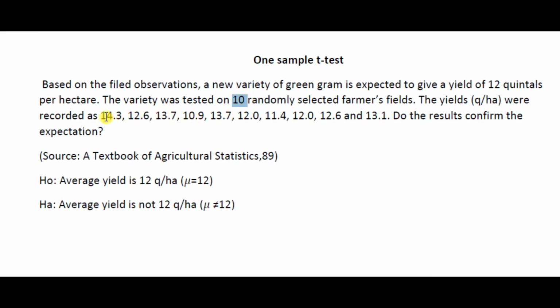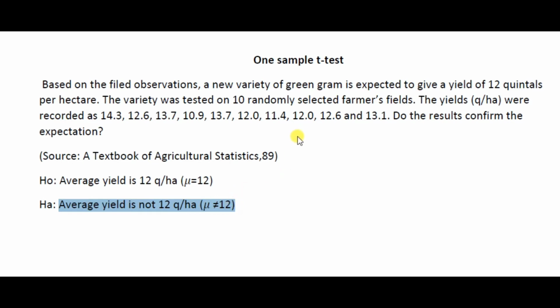These are the 10 sample observations, and this is the expected yield, that is our hypothetical value mu. So the null hypothesis would be the average yield of the green gram variety is 12 quintals per hectare, and the alternative hypothesis would be it is not 12 quintals per hectare. So this is the problem.